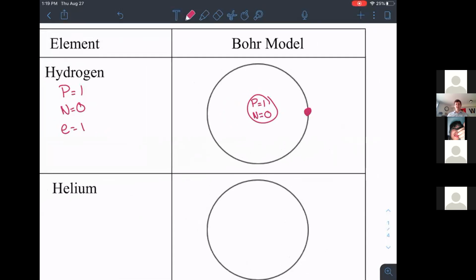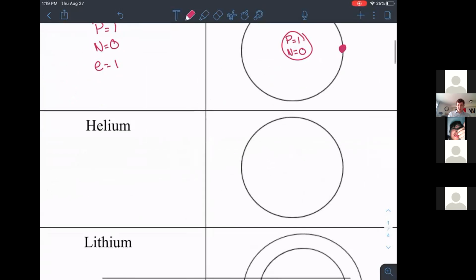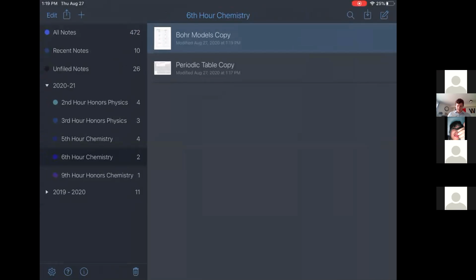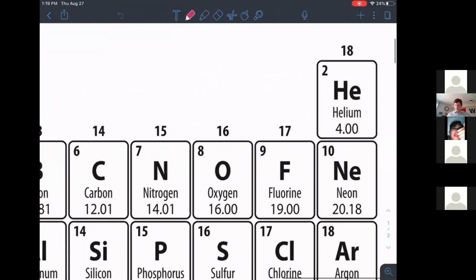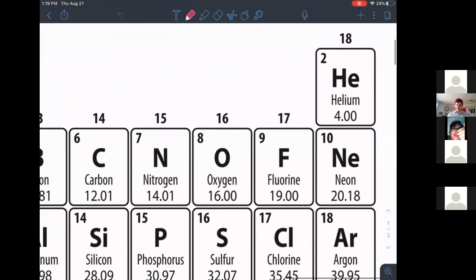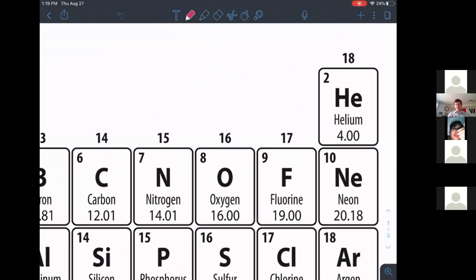So now what I want you guys to do is we're going to look at helium. I want you guys on your own, you don't have to say it yet, but on your own, determine the protons, neutrons, and electrons for helium. So we're going to go back to our periodic table. We'll look at helium, determine how many protons, neutrons, and electrons. In about 45 seconds, I'm going to ask you guys for answers.